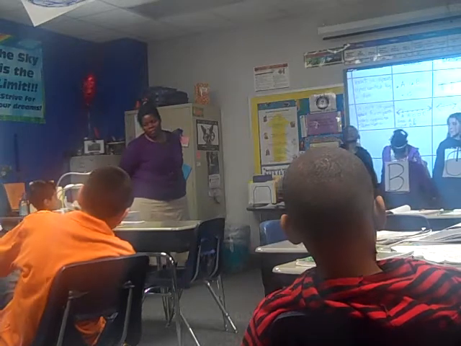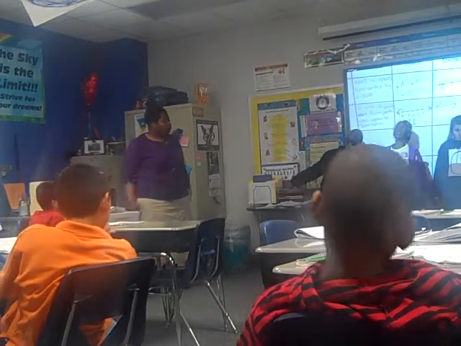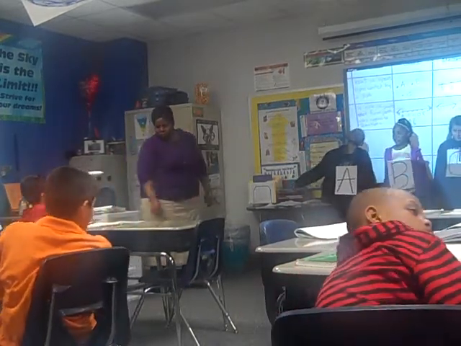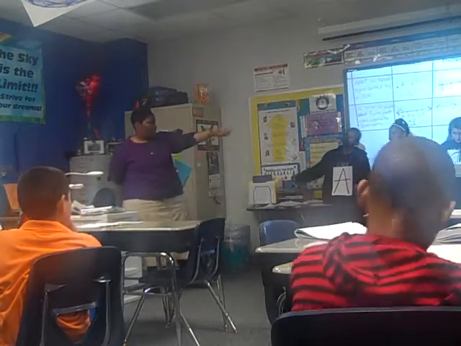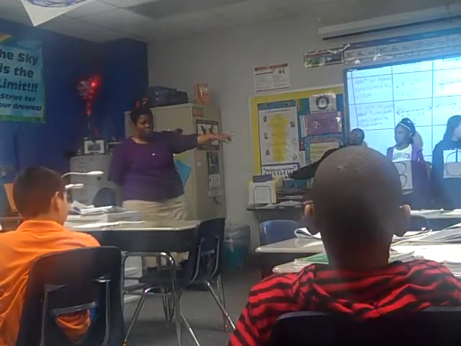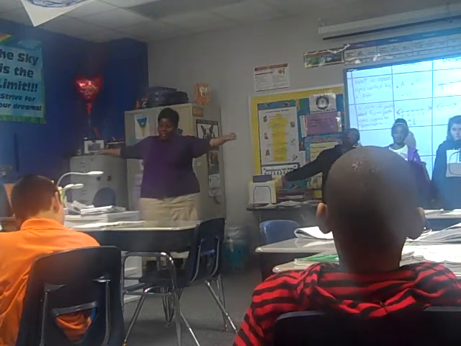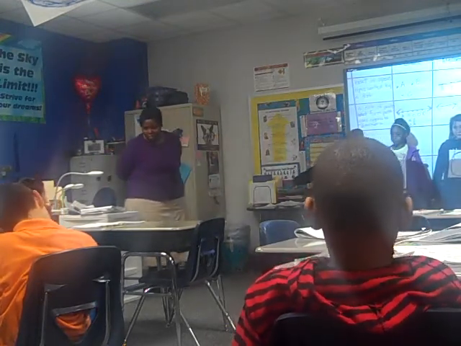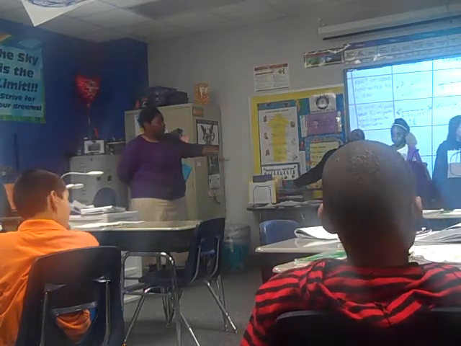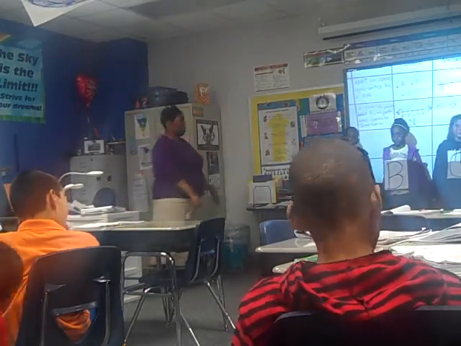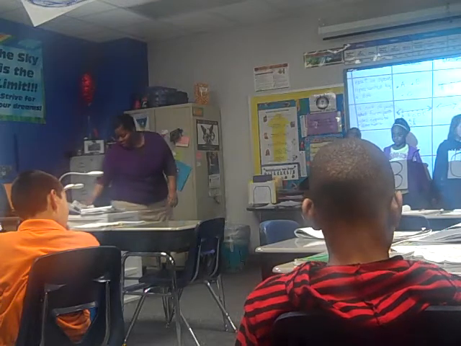Why does it represent a line? What are Zatron and Anthony on the end? They have their hands out like this. What does that represent? Arrows. And arrows represent a line. So this represents a line. Okay?